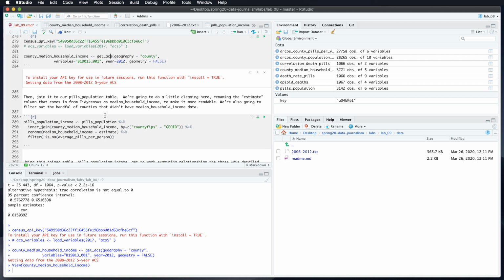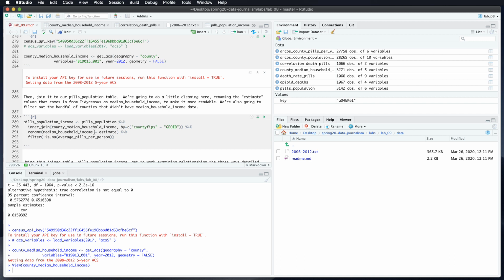Okay. Now you're going to join this to our pills population table. So we're creating a new object called pills population income. We're joining the pills population table to our county median household income table. We're joining it on county FIPS and GeoID. Those are what the two unique identifier columns are called in the two data sets.